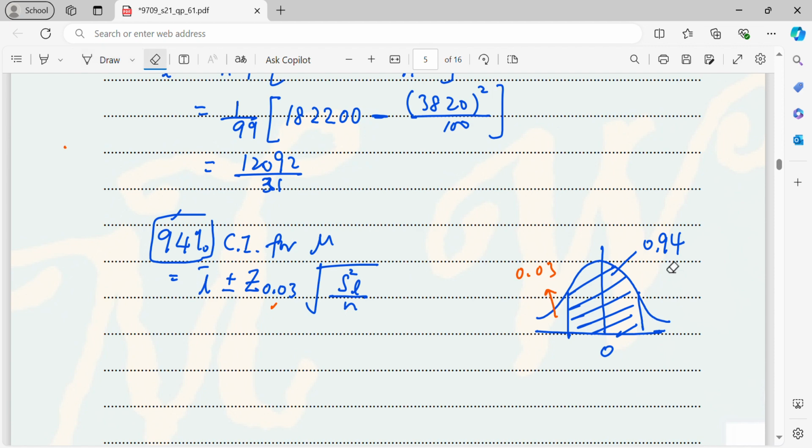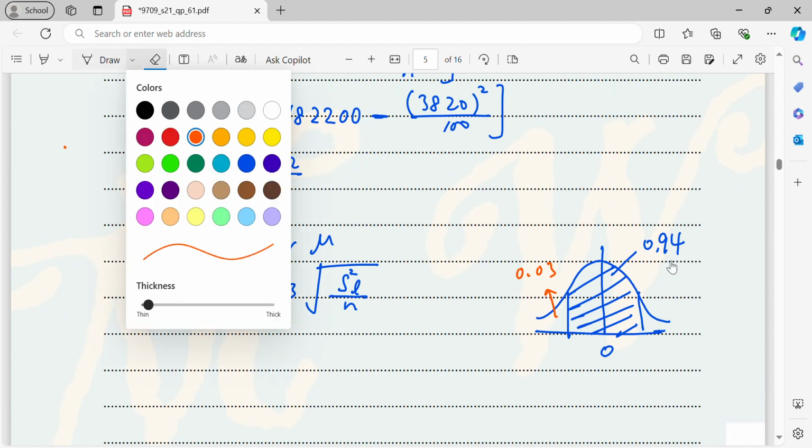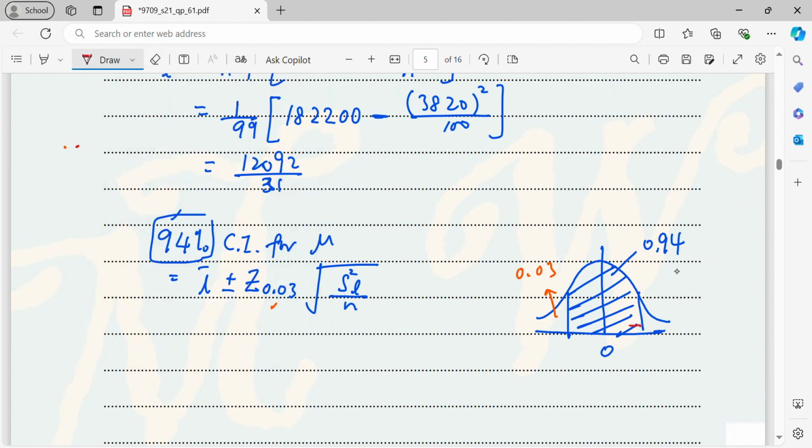Then from the normal table, we are using the total regions towards the left side. Therefore, this is 0.97. So when it is 0.97, you read the table, and you are getting 1.881.